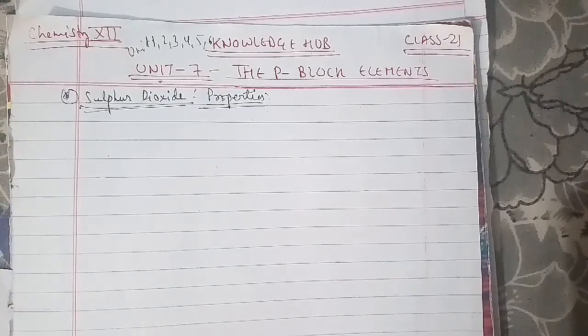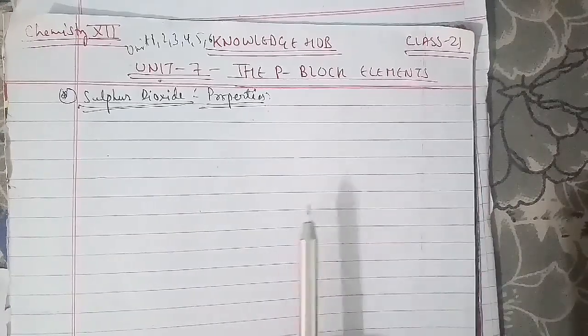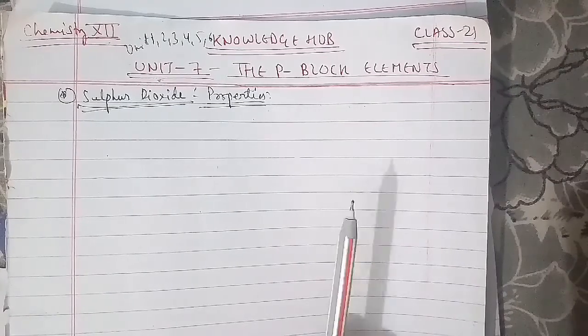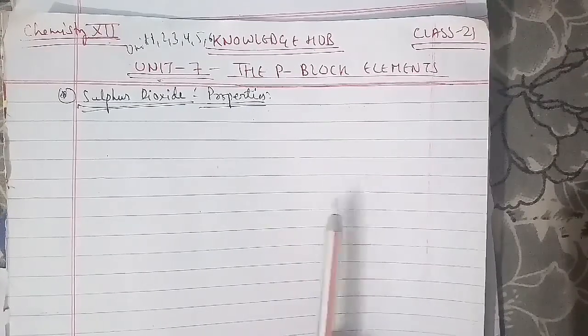Moreover, related to this, we have to discuss the properties, where sulfur dioxide is a colorless gas with a pungent smell and is highly soluble in water. It liquefies at room temperature under a pressure of 2 atmospheres and boils at 263 Kelvin.